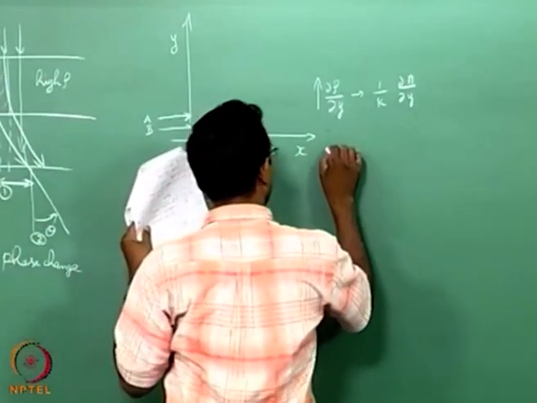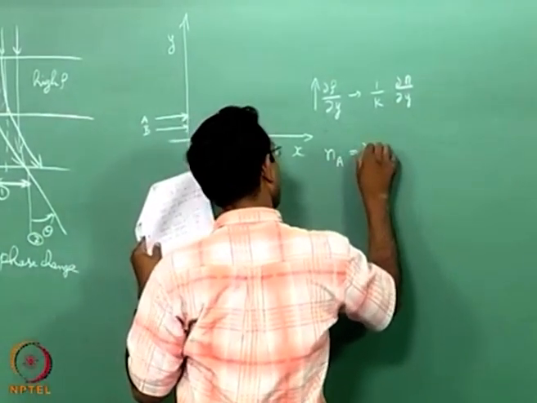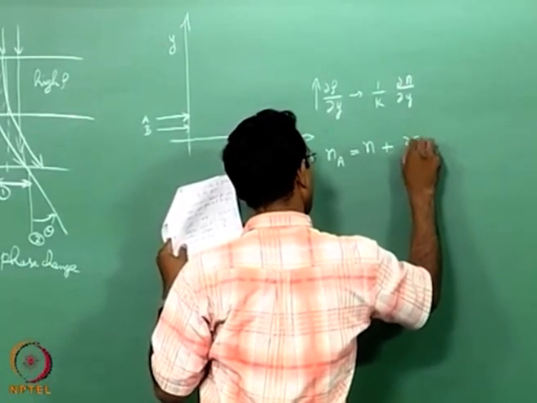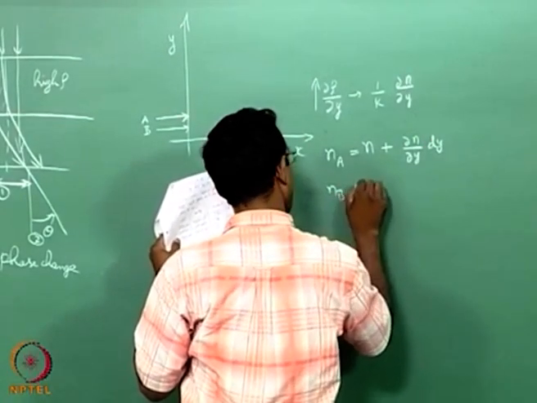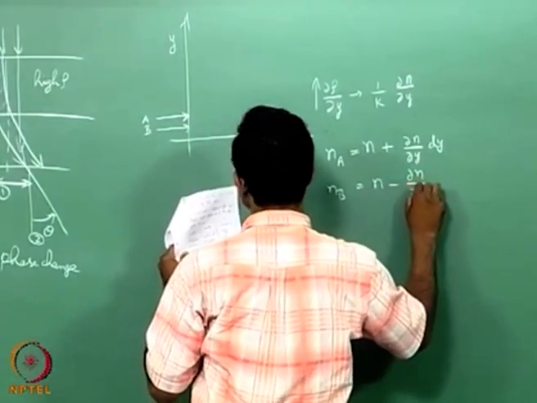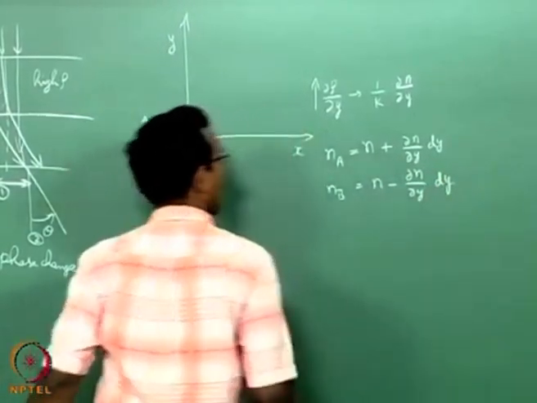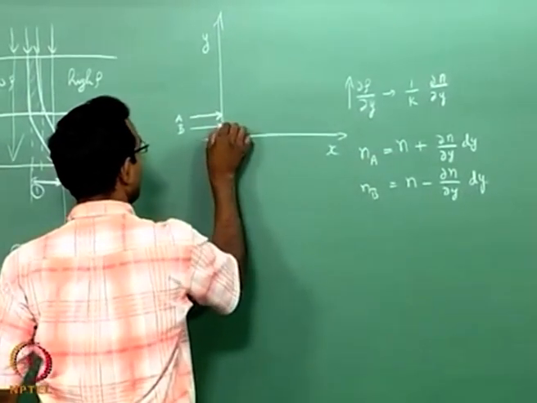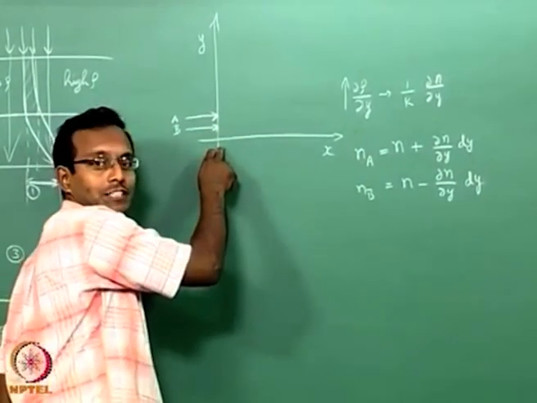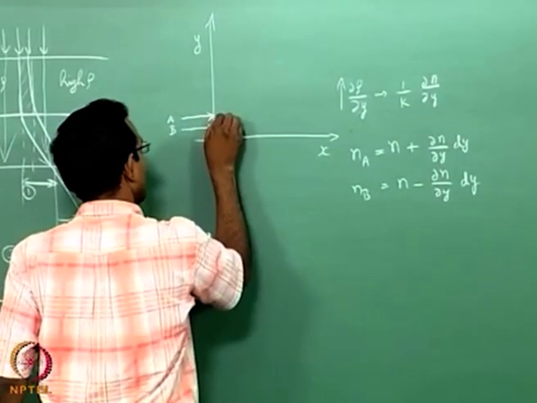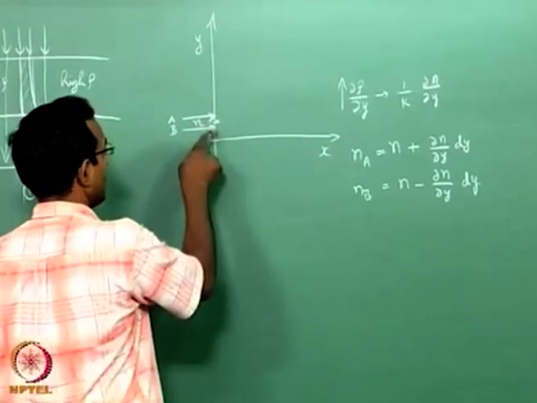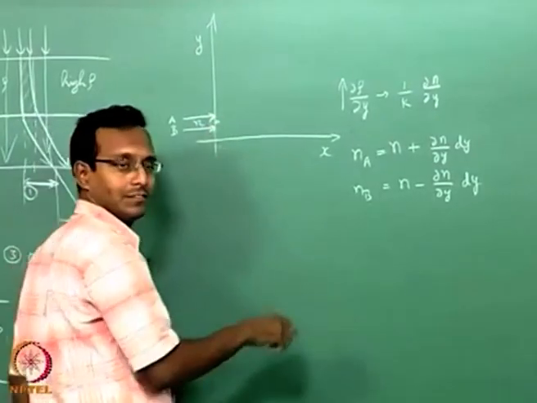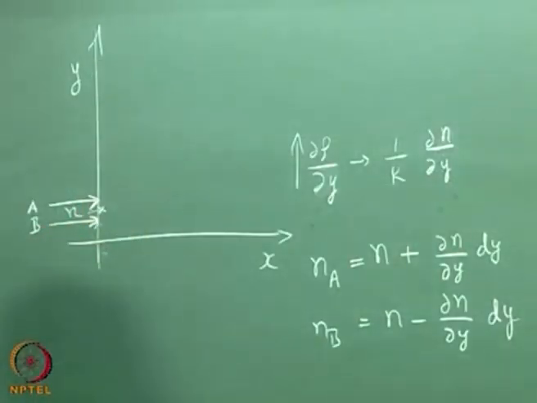I can write where n, I have written the refractive index as seen by these two beams when it comes to this location where the change happens. I am saying at this middle point my refractive index is n, and I am saying small dy that side versus this side. This will be the change I will see, right. It is just simple calculus.